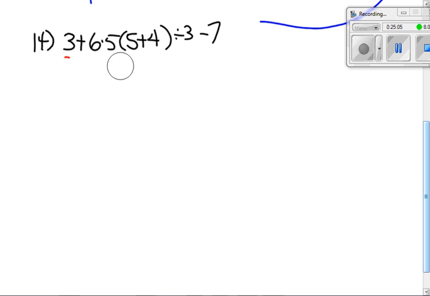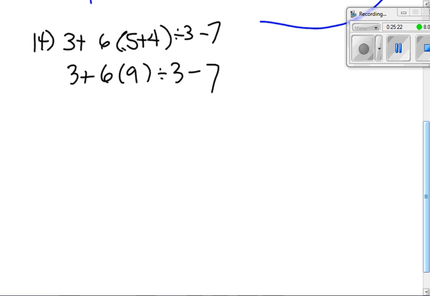You're doing it right, but the numbers are going to be not so great. Sorry, this should be it. No, this always overrules that. So 3 plus 6 times 9, like you said, divided by 3 minus 7. No, you got to keep going. I just had an extra 5. Sorry. So it's 3.